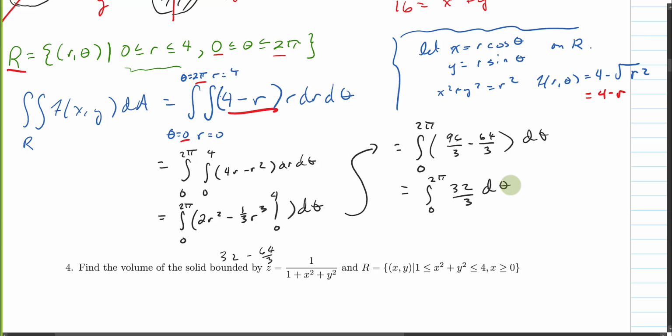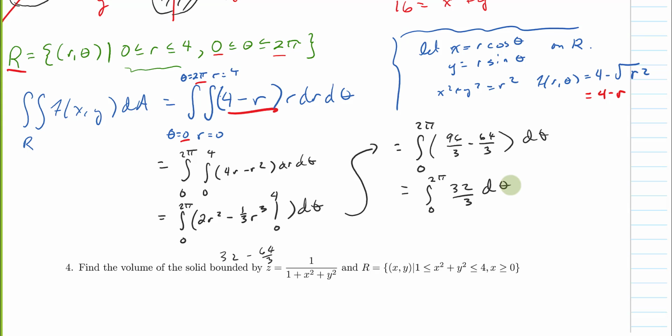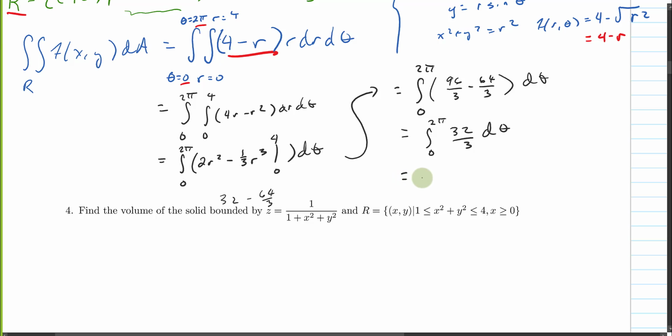Okay, double check me on that. So then integrating this, we get 32 thirds theta evaluated from 0 to 2 pi, and that gives us 64 thirds pi for that region.